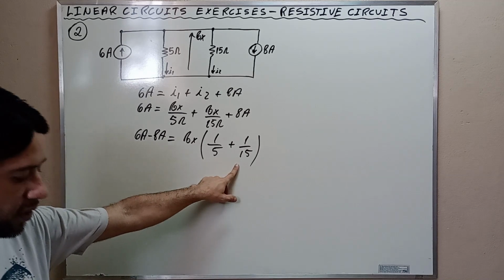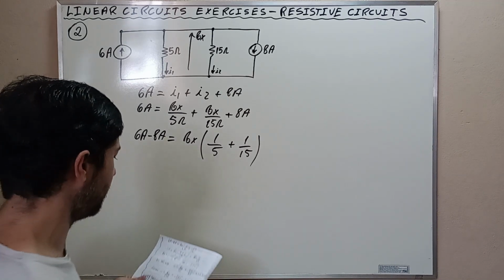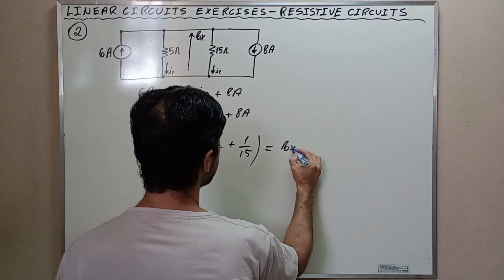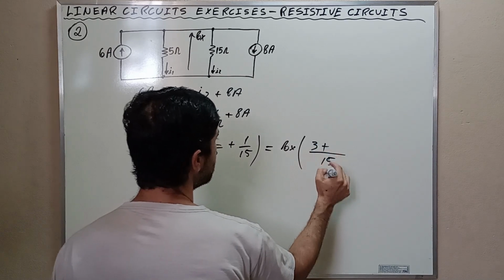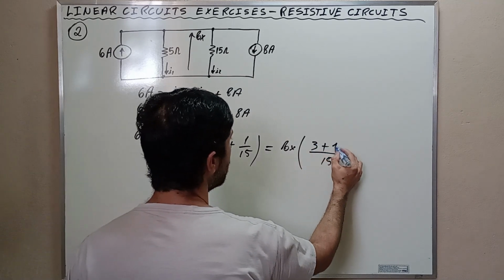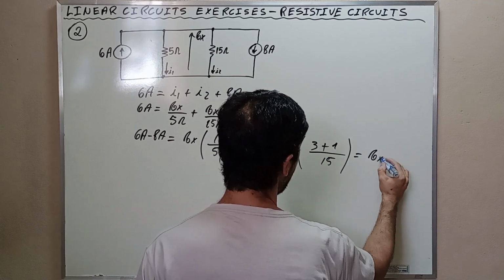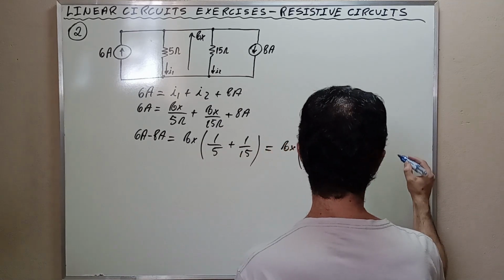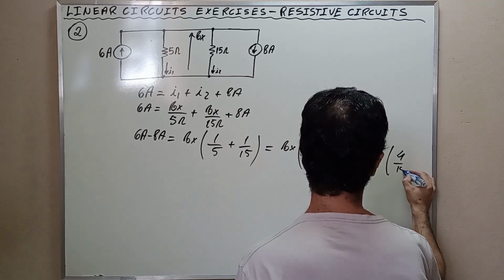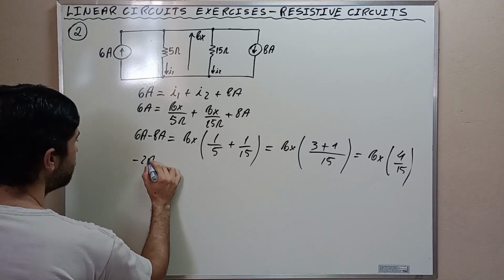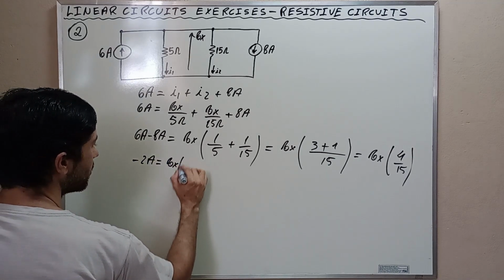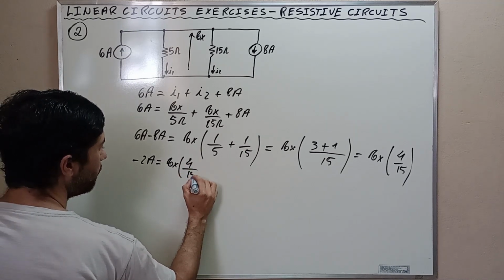Here we are going to take this 15 to calculate this in this way. Okay, Vx is going to be equal to 15 divided by 5 is 3, plus 15 divided by 15 is 1. Okay, and this is equal to Vx multiplying 4 over 15. Okay, this is just mathematics, and we find that negative 2 amps is equal to Vx times 4 over 15.